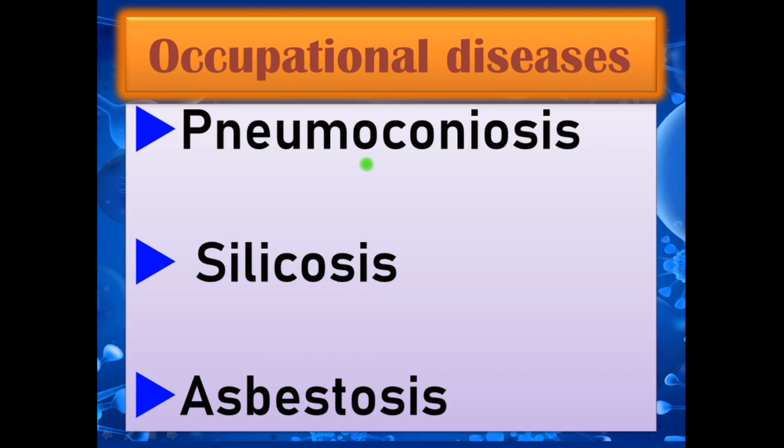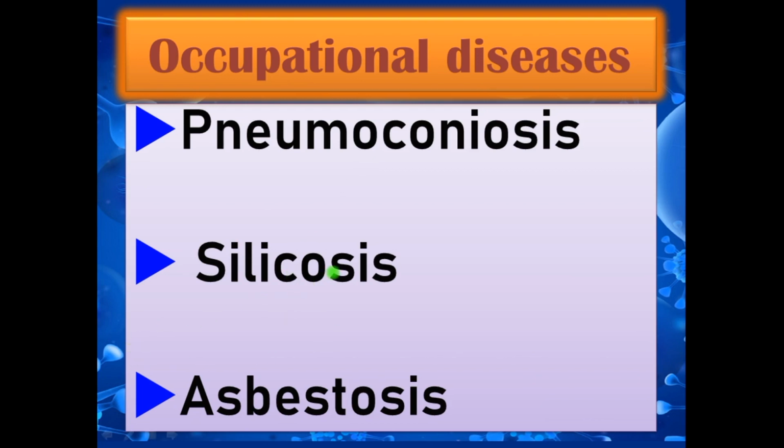Pneumoconiosis is a disorder or a disease related to laborers who are engaged in coal mining. So those who are working in coal mining usually get pneumoconiosis. It's a respiratory disorder. Next one is silicosis.